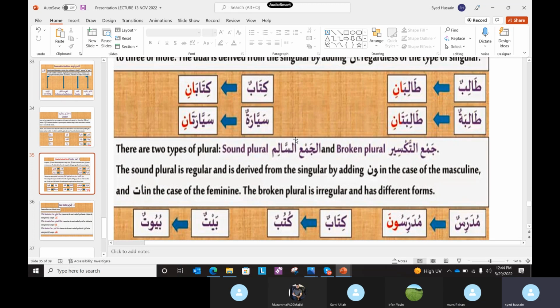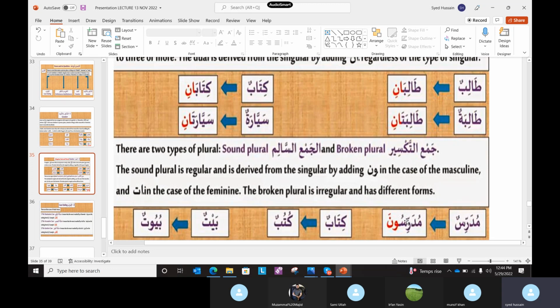Say, for example, we say mudarrisun. What is mudarrisun? Teacher. Mudarrisun, wahid, one teacher. But when we say plural, we say mudarrisun.